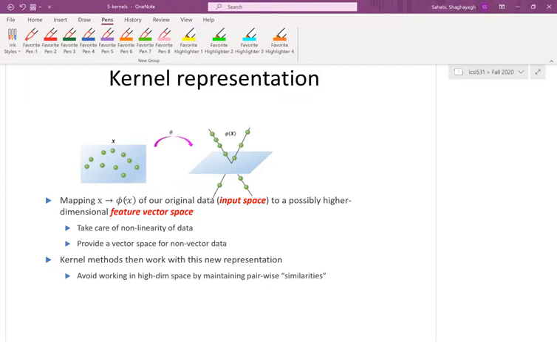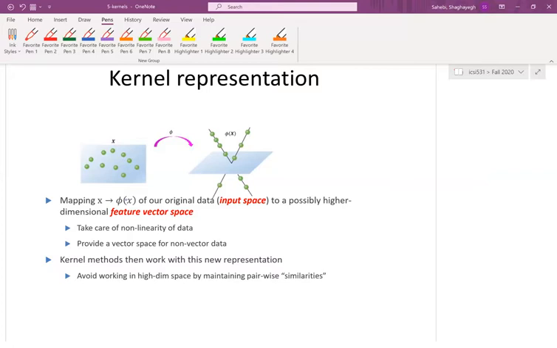Now, so far, we have learned that working in high dimensional spaces is difficult, but here in kernel representation, what we are saying is that we want to map our data to a higher dimensional feature space. Wouldn't that make our work more difficult?